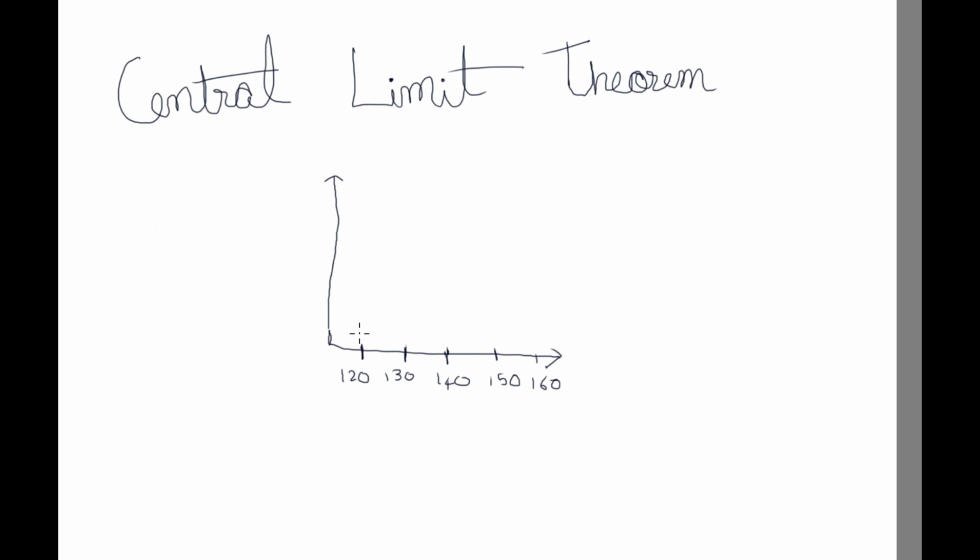So if we draw a graph based on how many people have corresponding heights, say not a lot of people are 120 centimeters tall, a large number of people are 130 centimeters tall, a lot of people are 140 centimeters tall, an even larger number are 150 centimeters tall, but a small number are 160 centimeters tall.